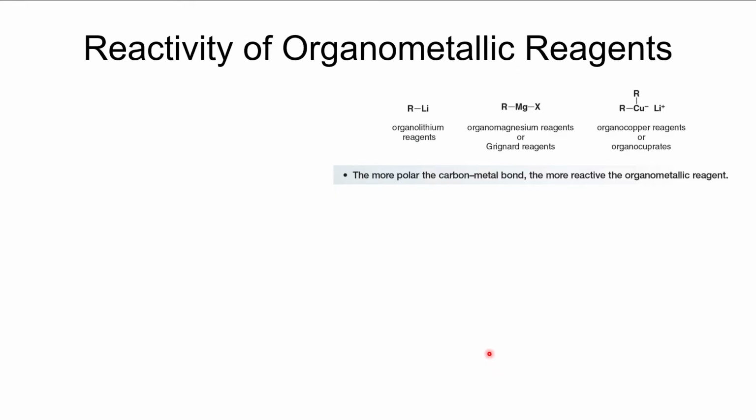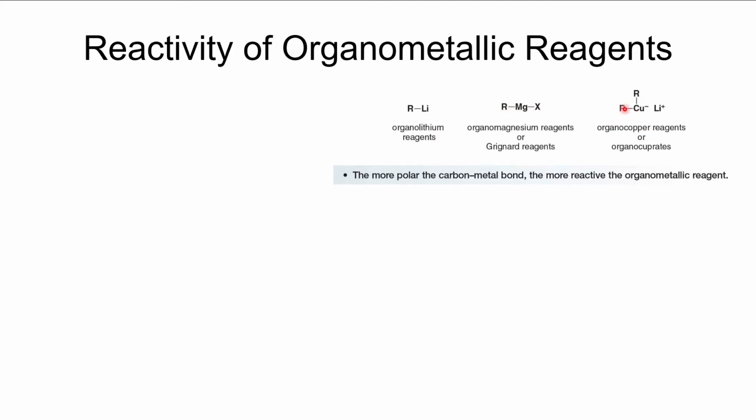So how reactive are these? And as I mentioned on that previous page, the more polar the carbon-metal bond is, the more reactive the organometallic reagent is. So we'll find that the organolithium and the organomagnesium reagents are very reactive because they're quite polar.